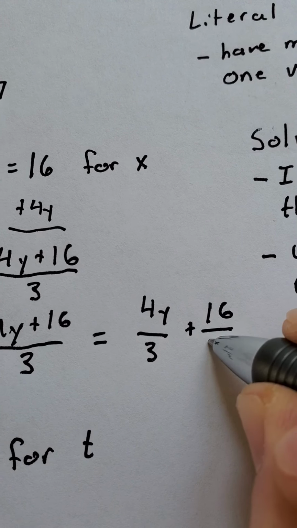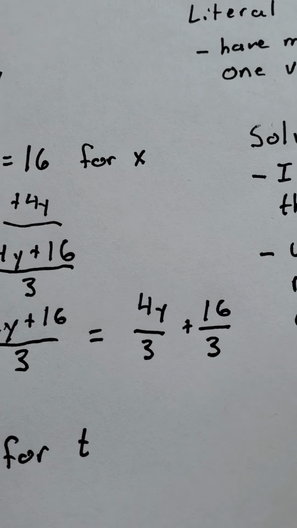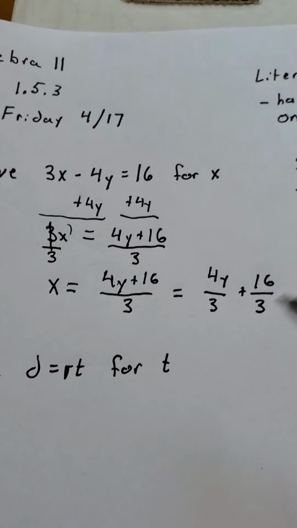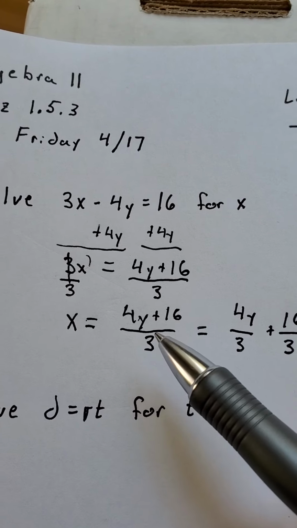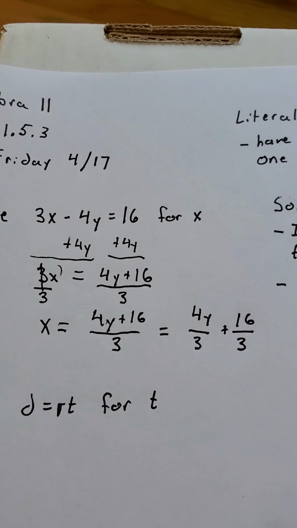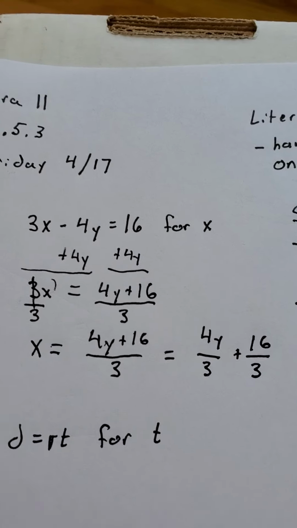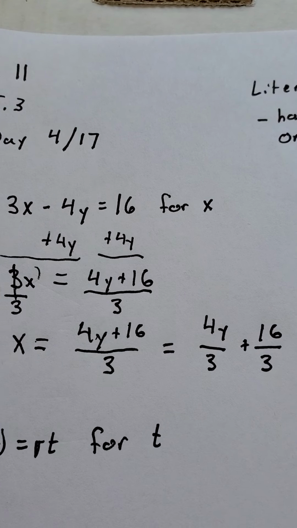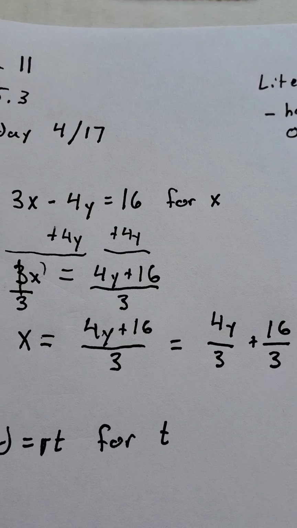So all we did was separate the 4y and separate the 16 where there was addition. You can do that with subtraction also. Now, either way, whether you write it this way or whether you write it this way is correct. So if the computer has either answer, you want to pick the answer that's displayed, the correct one.